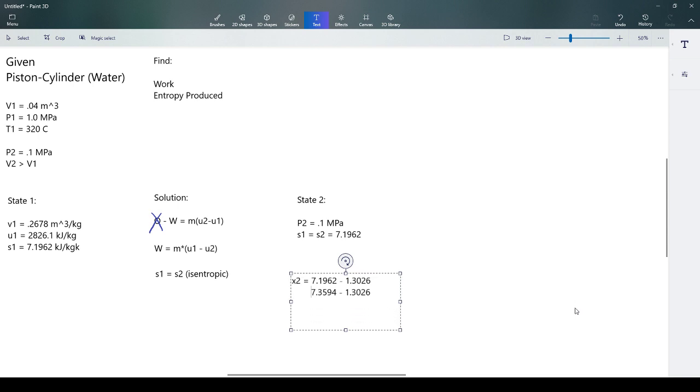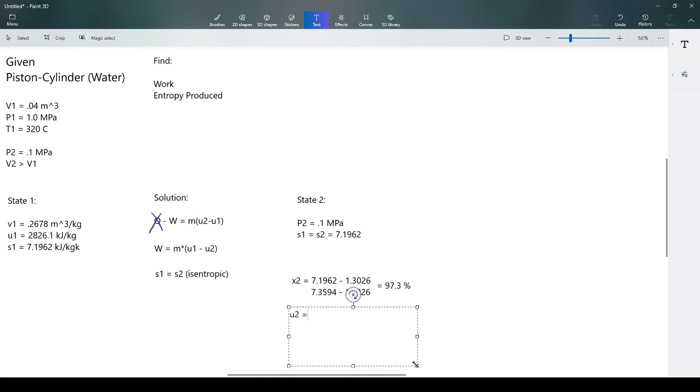And we get an answer of 97% quality. That is a lot of quality. That's high quality stuff there, guys. Is that okay for thermo humor? So 97.3% quality.